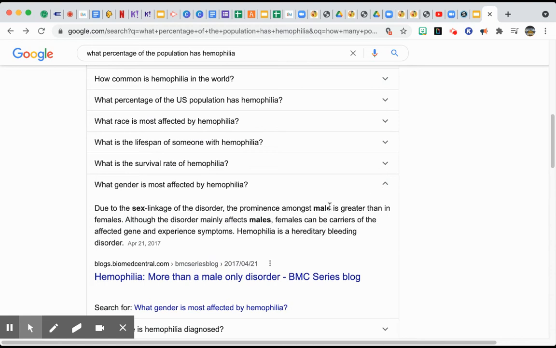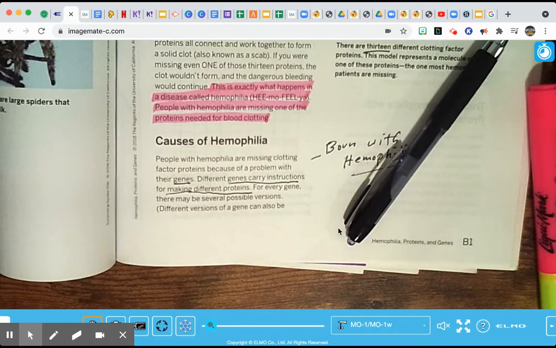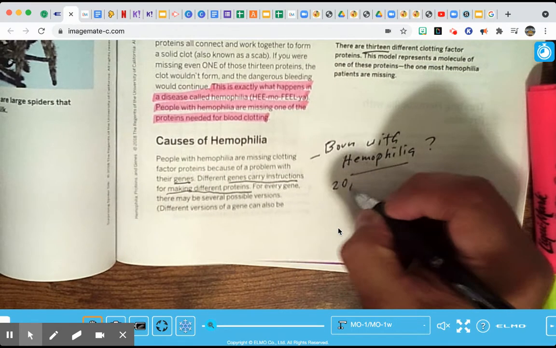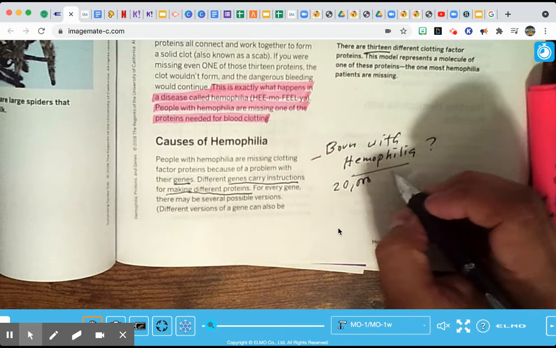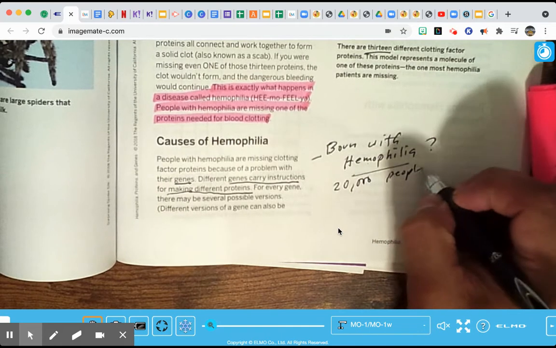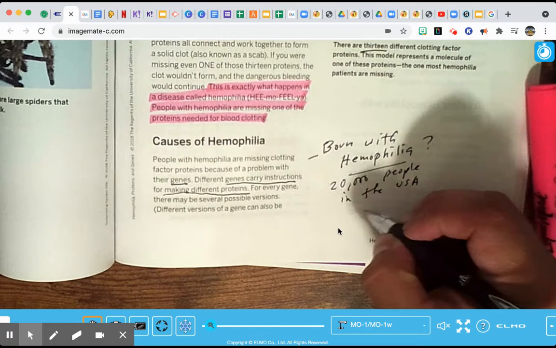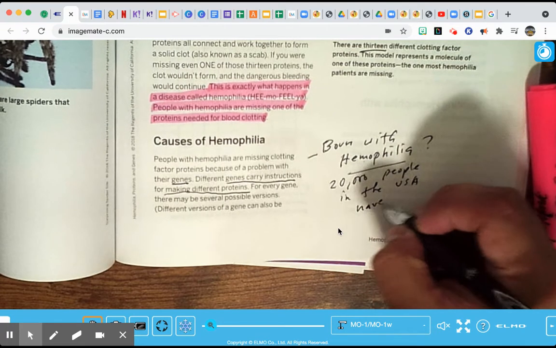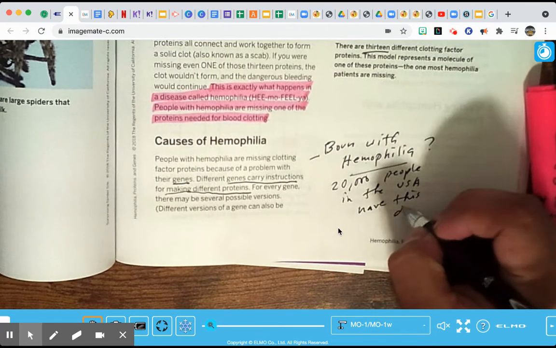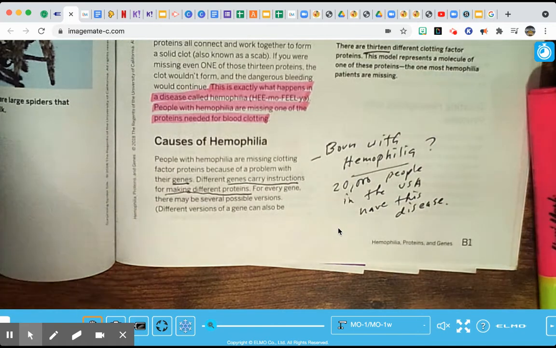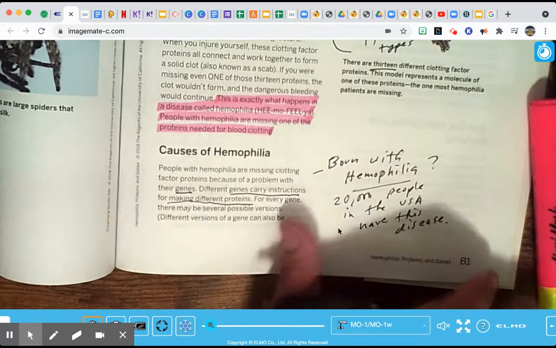Looks like male is greater than female. Interesting. So 20,000 people in the USA have this disease. All right, let's keep moving on.